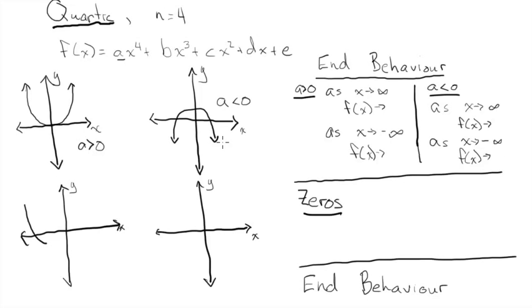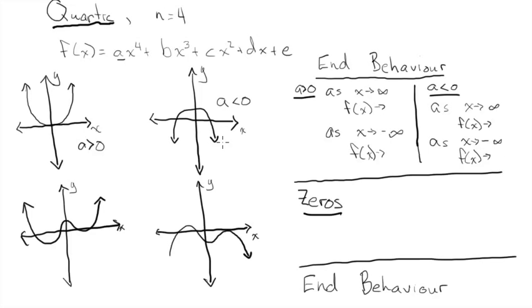So a quartic could end up looking like this. It starts off kind of like a parabola, but then it sort of changes directions. It starts going down again, and then it'll go up again. And that's sort of the most volatile this one could be. And again, a negative value would flip this, so it could look something like this.